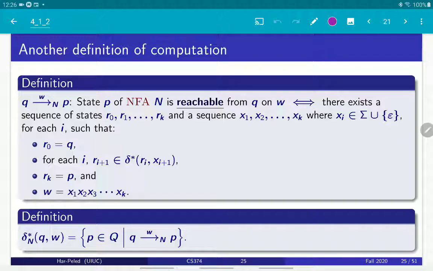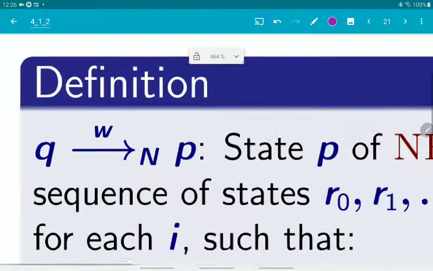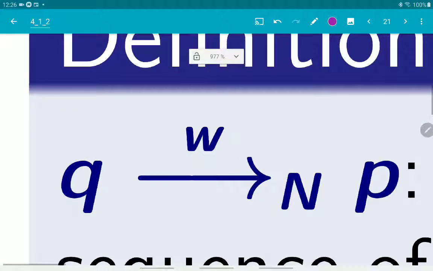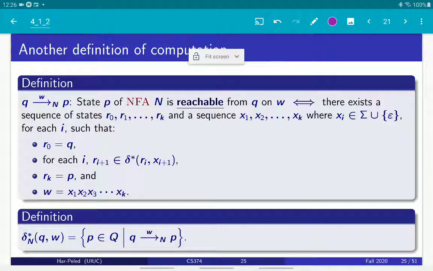We are going to write that for an NFA N, Q can reach P on a string W. We write it with this bizarre arrow notation if we start at the state Q, and there is a sequence of states where the first state in the sequence is Q and the last state is P.